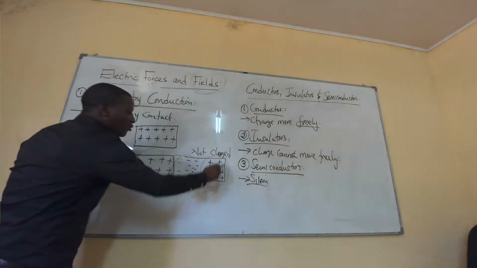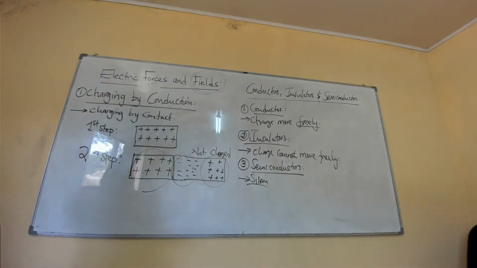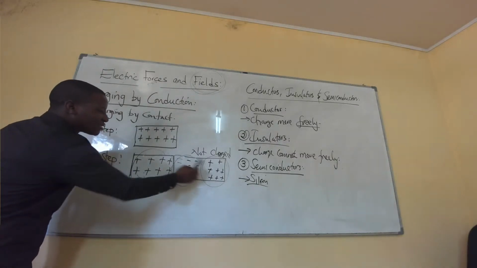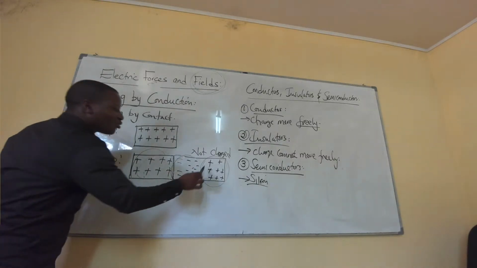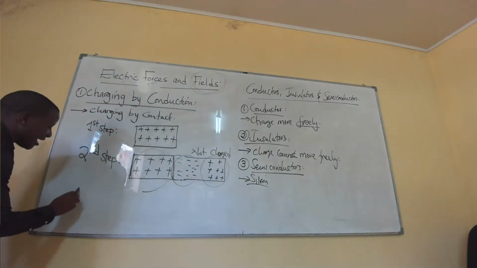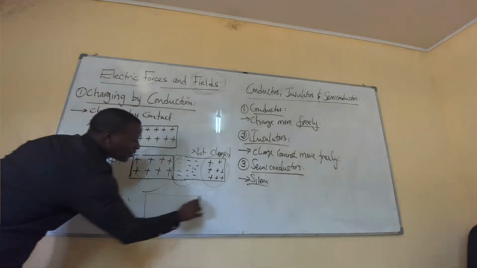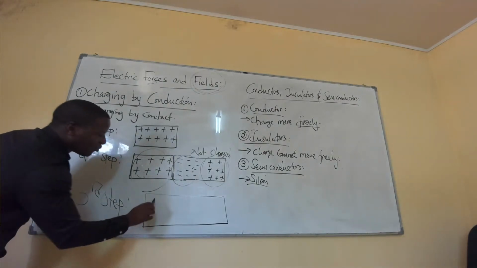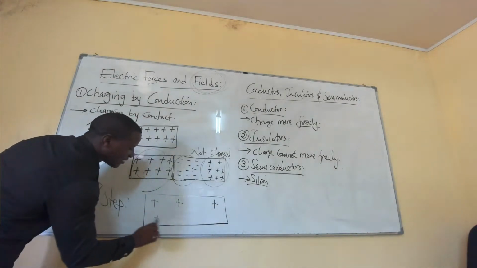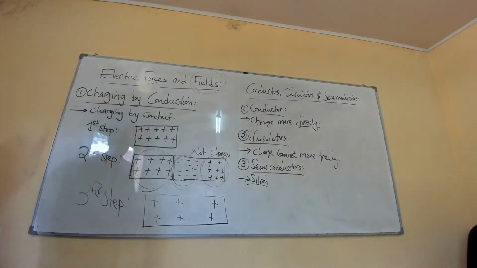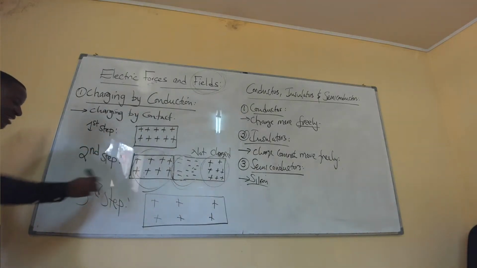At the end, the entire body will actually be relatively what? Positive. That is what will happen. So in other words, this will neutralize this and that part will not be charged. It will be neutral. So you only have few charges, and then the last step, this is how it's going to appear. So here you have the whole lot of this, now with very few positive charges, because the others have been neutralized by that. And this is positively charged. In other words, we have actually charged that.